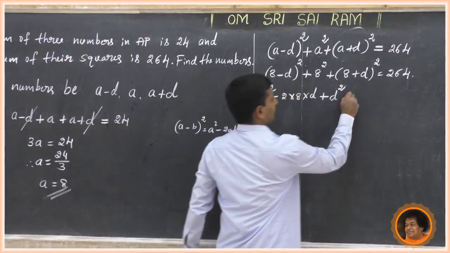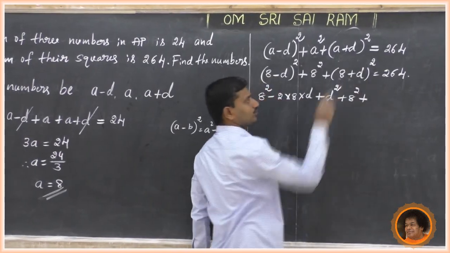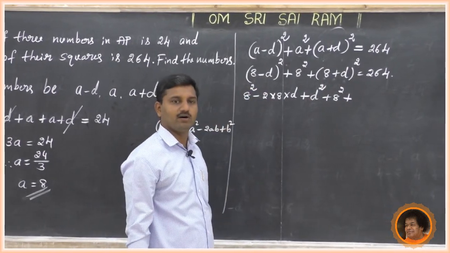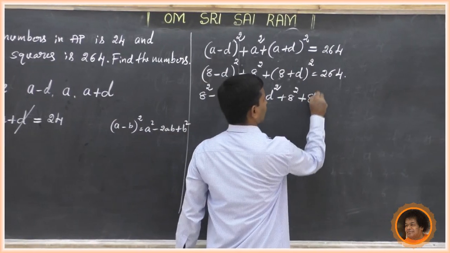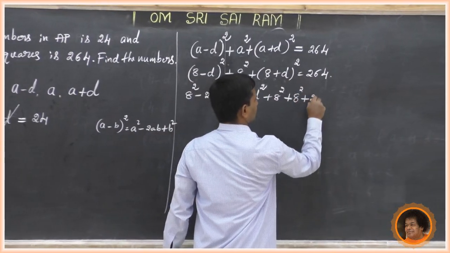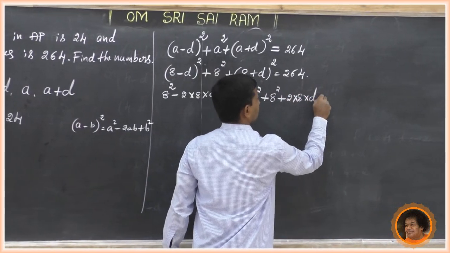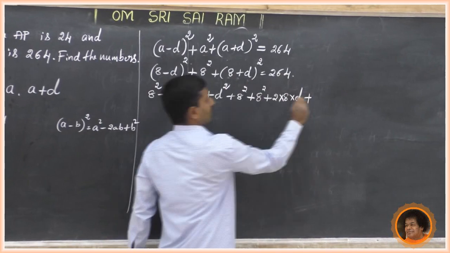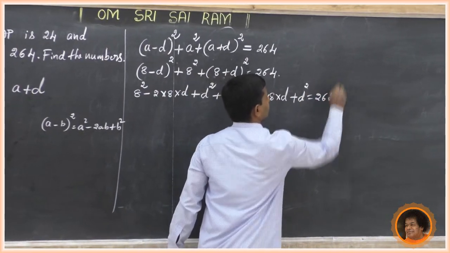Clear? So, next (8 - d) square plus 8 square plus (8 + d) whole square, that is in the form of (a + b) whole square. So a square plus 2ab plus b square, plus d square, which is equal to 264.